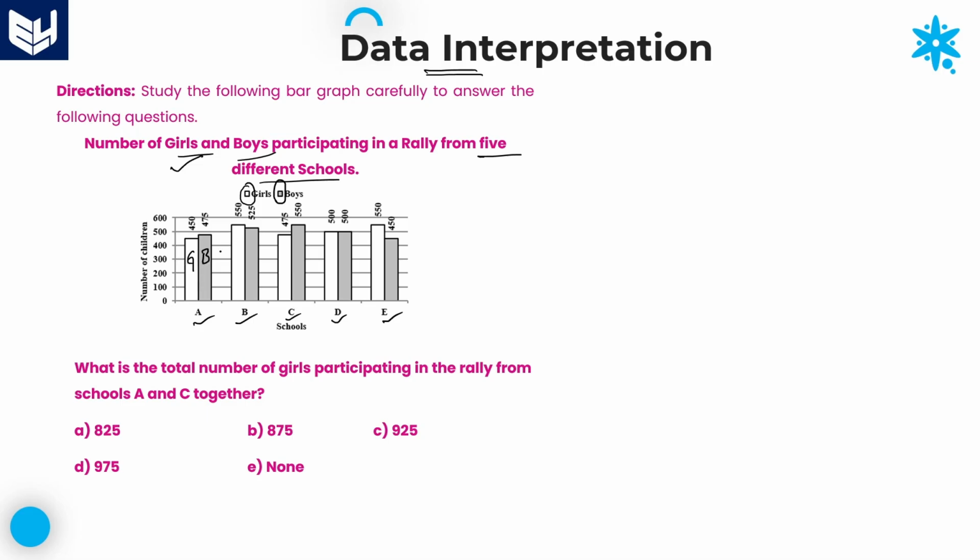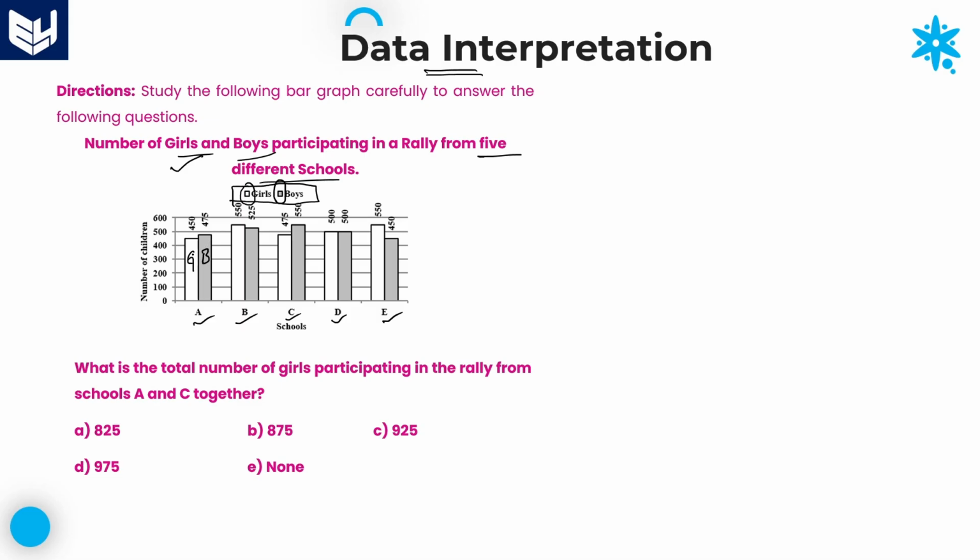So whenever they give these kinds of diagrams, have a look at this particular case. If you look at this one, the blank one is related to girls and the dark one is related to boys.